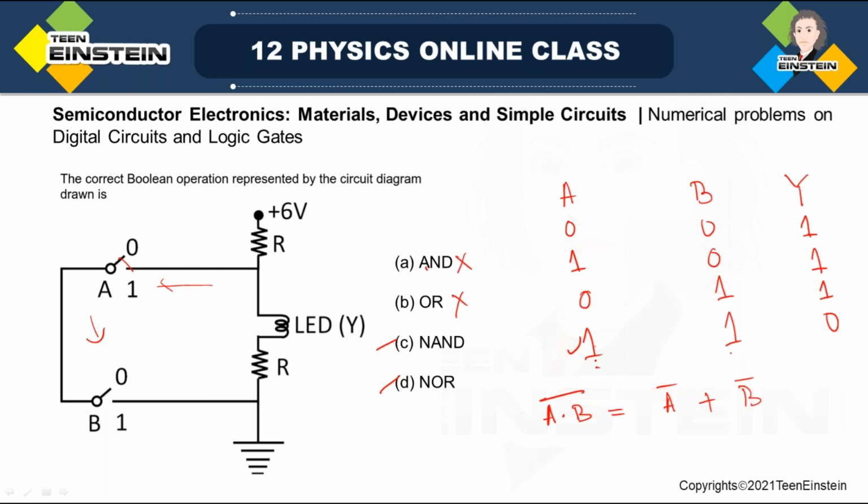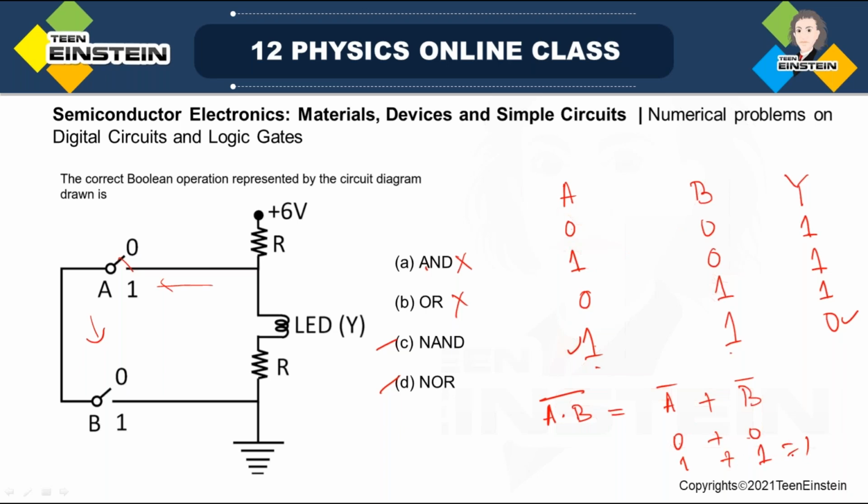So look here, if A is equal to 1 in the input, then output we get A bar, that means 0, and B bar also we get 0. Okay, so these two will give you ultimately 0 result. Others we see, if I have 0 0, then I get 1 or 1.